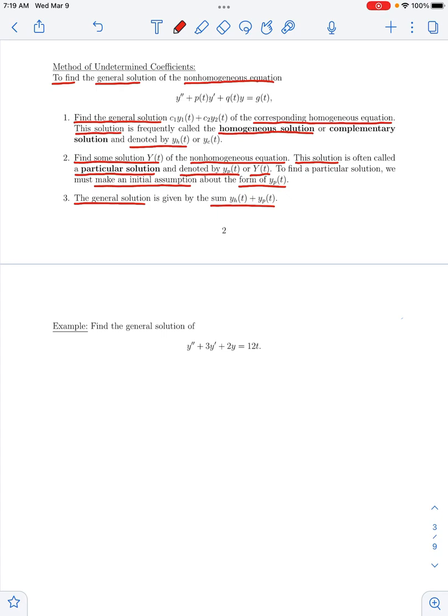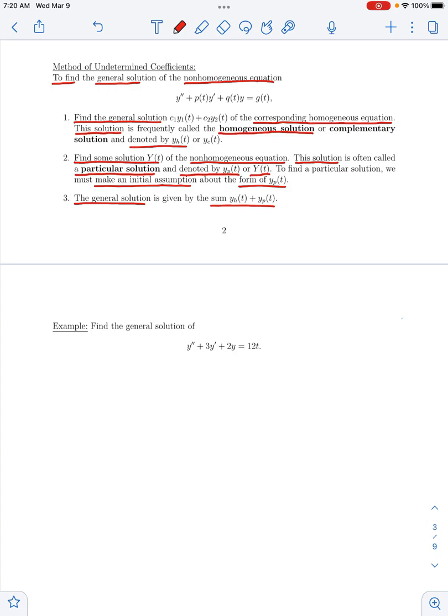So in summary, to solve a non-homogeneous equation, we first solve the corresponding homogeneous equation. We then find some particular solution by making an assumption about its form. And then the general solution is the sum of those two.